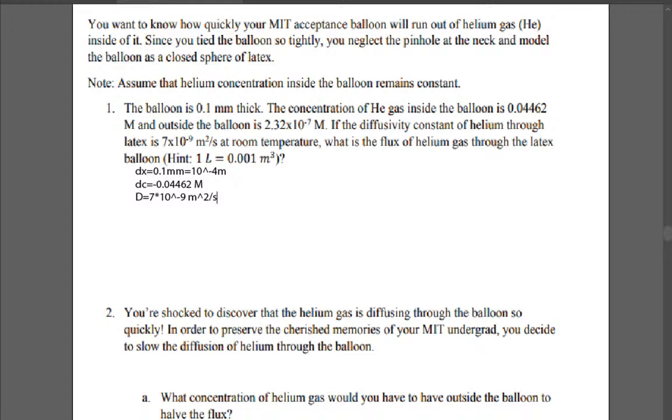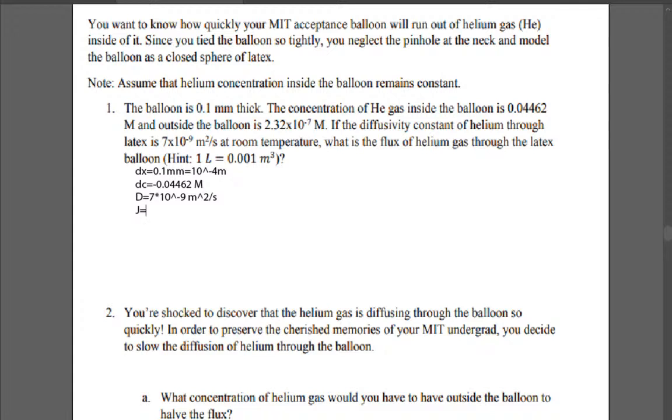Okay. So let's just go ahead and write them all in, I guess. Let's just straight away try to find the flux. So you put J there, and then you plug in the formula: negative D, 7 times 10 to the power of negative 9, and then you multiply that by the concentration, which is 0.04462, which is pretty accurate, and then you divide it by the dx, which is 10 to the power of negative 4.